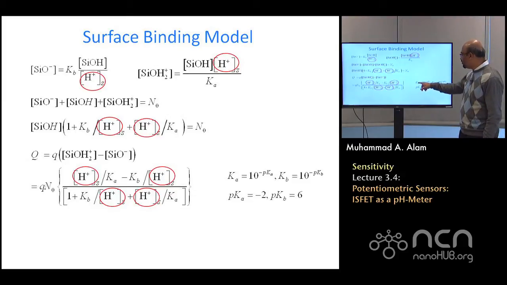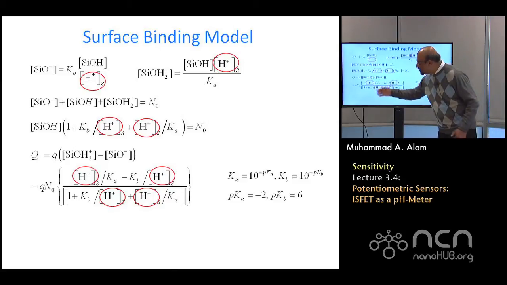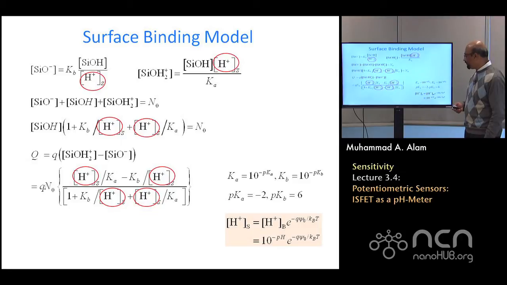It's -2, so Ka, capital Ka, is 0.01. And Kb is 10 to the power -6. So Ka is about 100, and Kb is 10 to the power -6. So from these values, one can immediately calculate the entire expression here.